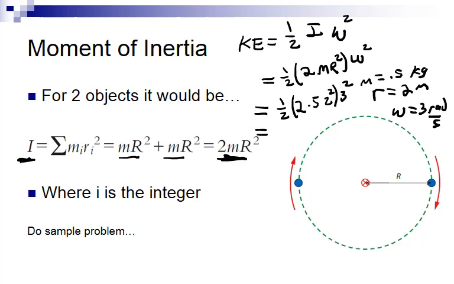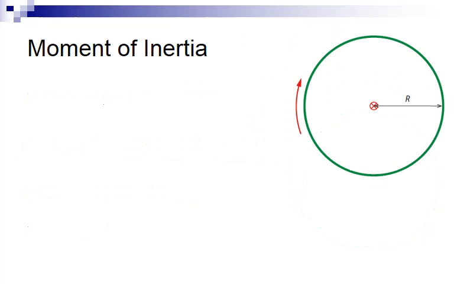So 2 times 0.5 would be 1, and then 1 times 2 squared is 4, and then 4 times 1/2 would be 2, so 2 times 3 squared, which would be 9, so 18 joules. And again, this is rotational, so these two objects are going around in rotation there.